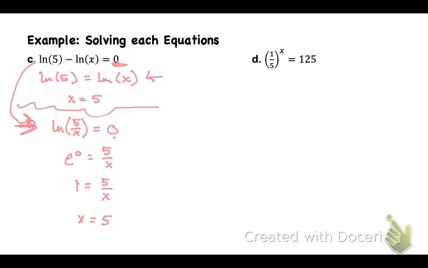So (1/5) to the x equals 125. Back to a basic one. So how do you guys want to switch forms around?